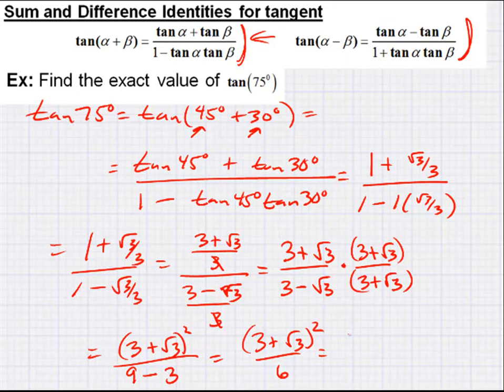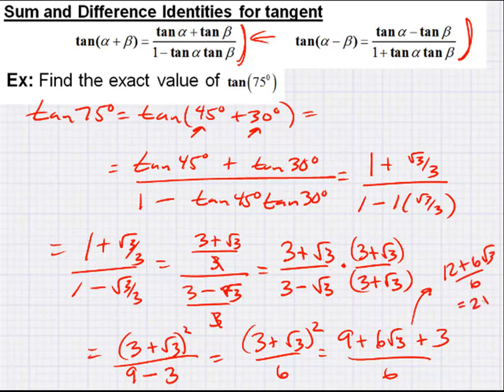I could say that this is 9 plus 6 root 3 plus 3 over 6. And what happens here is I'm going to get 12 plus 6 root 3 over 6, which would then give me 2 plus root 3.